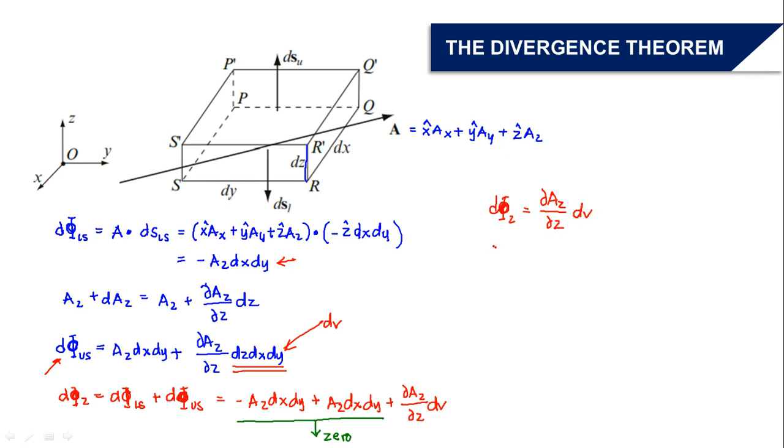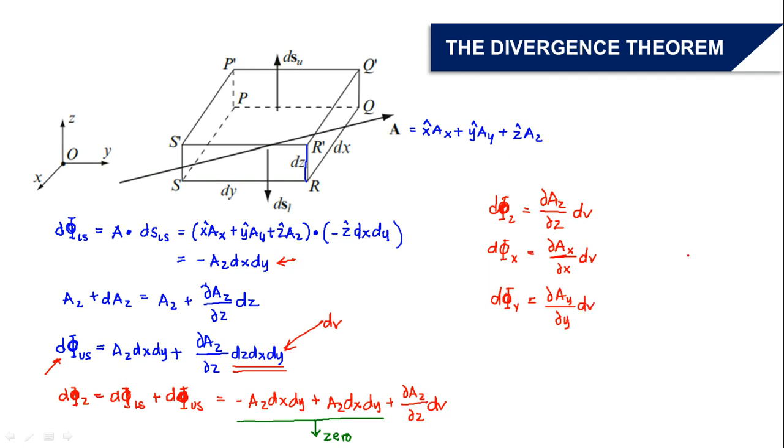And similarly, kung kukunin naman natin yung flux sa x component, sa x direction, we will get the partial derivative of a sub x with respect to x dv rin yan. And sa y, we have the partial derivative of a sub y with respect to y dv.